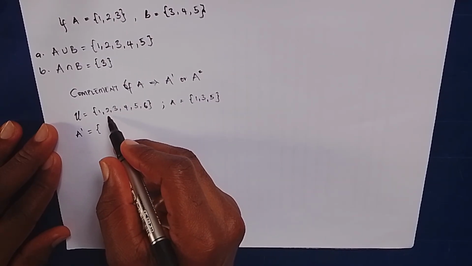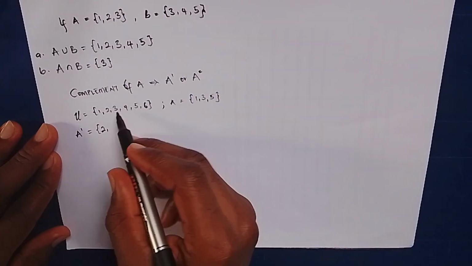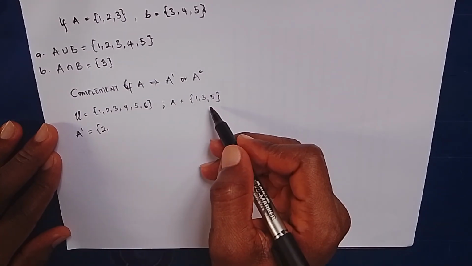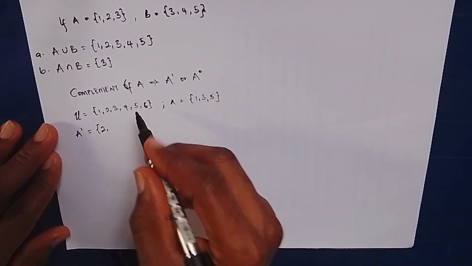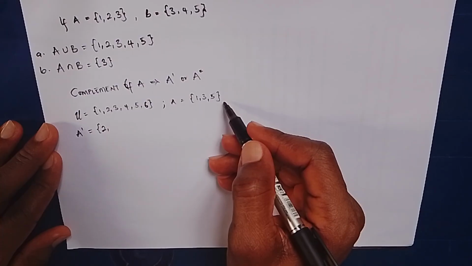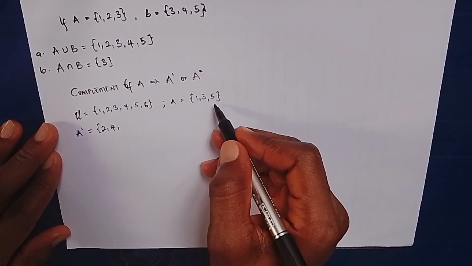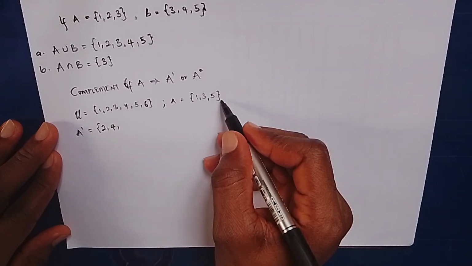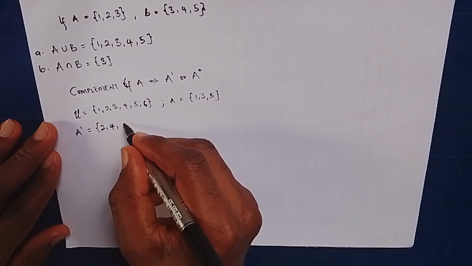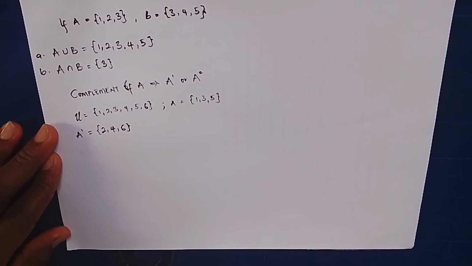Next, we have 2 in the universal set, but we don't have 2 in set A, so 2 belongs here. We have 3 in the universal set, but we also have 3 in set A, so 3 will not be included. We have 4 in the universal set, we do not have 4 here, so 4 will make it. We have 5 here, we have 5, so 5 will not make it. We have 6 in the universal set, we don't have 6 in the set A, so 6 makes it into the complement of A. So that's how you find your complement.